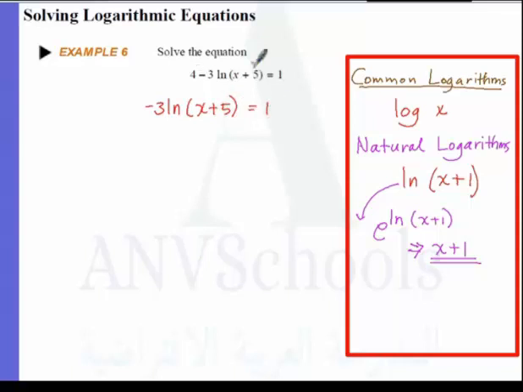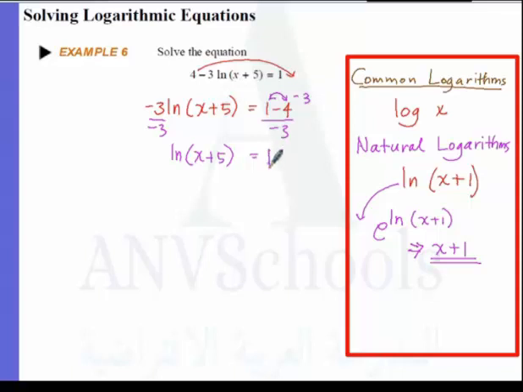And then we transpose the 4 to the right, so that gives us minus 4. And dividing both sides by negative 3, we will get ln of x plus 5 is equal to, this one gives you negative 3 divided by negative 3, which is just 1.